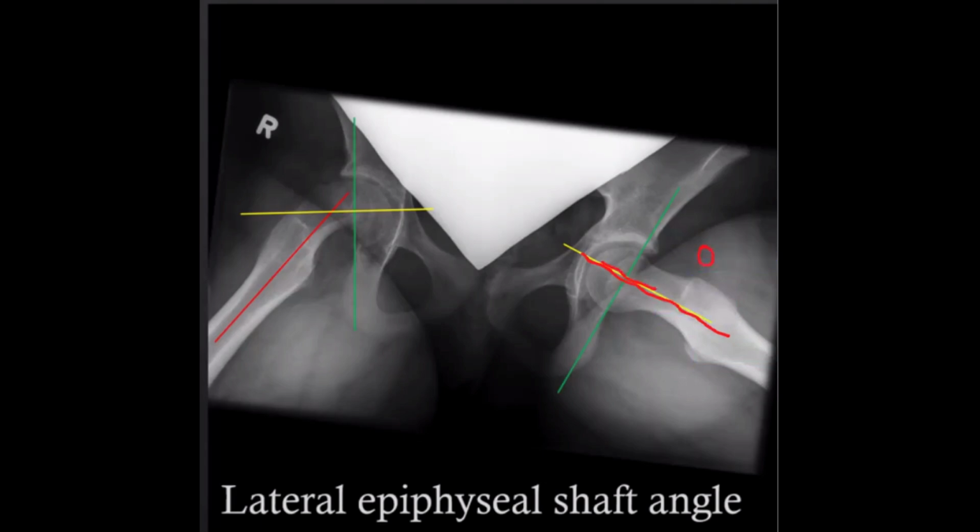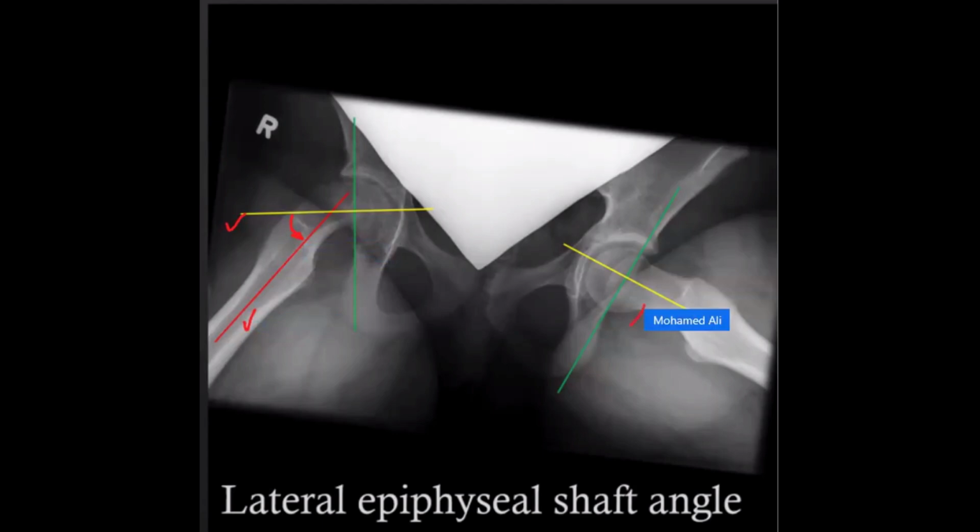In slipped capital femoral epiphysis, we draw the first line along the slipped epiphysis, second the perpendicular line, and third the line along the femoral shaft. The angle between these lines is called the lateral epiphyseal shaft angle.